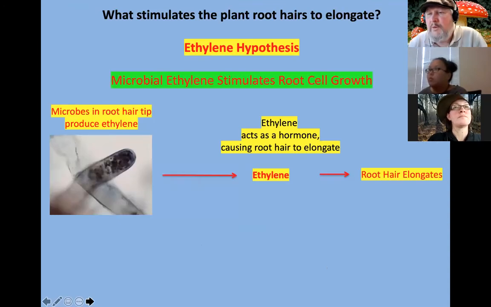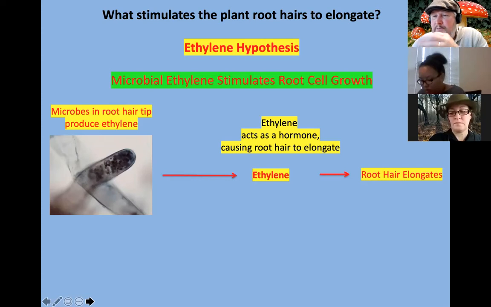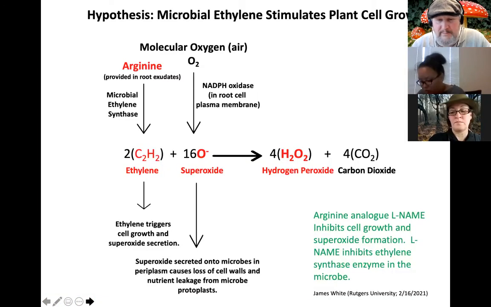And what we've been able to work out, our main hypothesis here, is that these microbes are secreting ethylene, and we call it the ethylene hypothesis. Ethylene is also a plant hormone. Plants produce it. It's a growth hormone for plants. So these microbes are producing it, and it's causing growth in these root cells. And it's really, really fascinating.